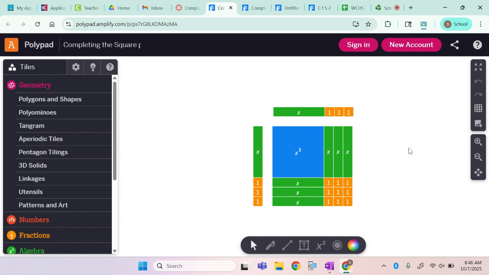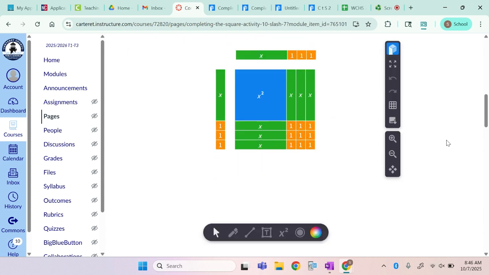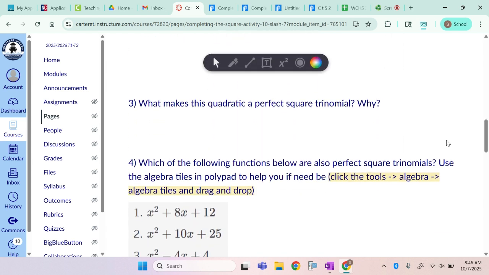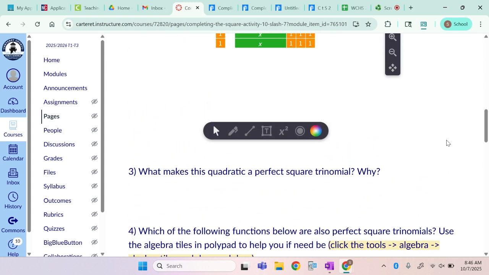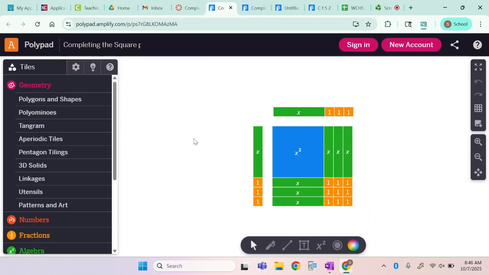you'll see this. Now, you can add on whatever you need to do. So let's say, for example, we did the first one together. So let's say we did 8x squared plus 8x plus 12. All right. Now, I'm going to add to this square.